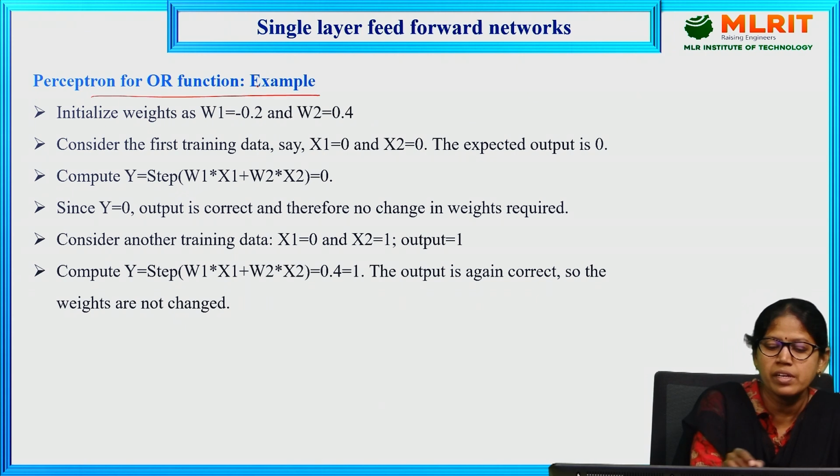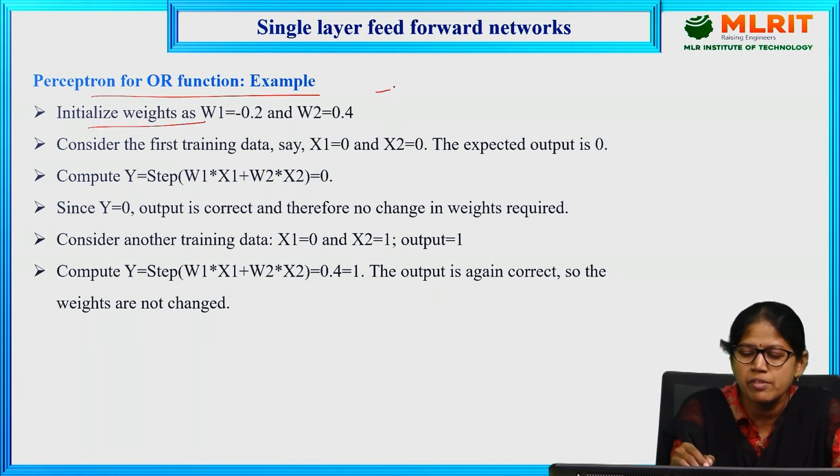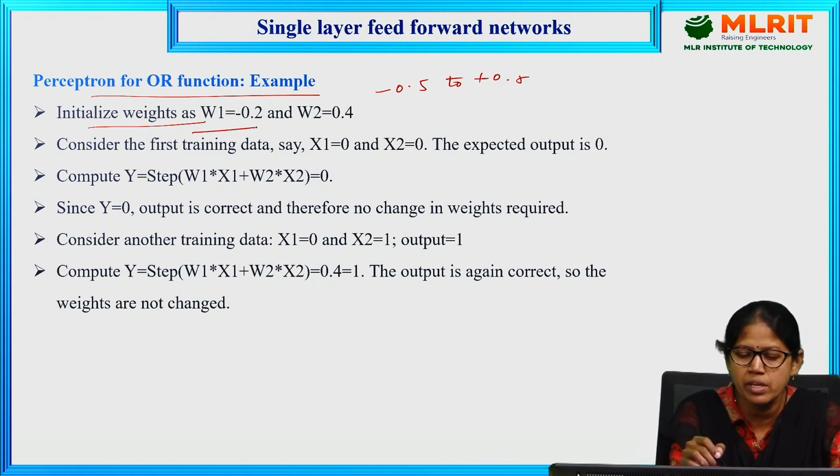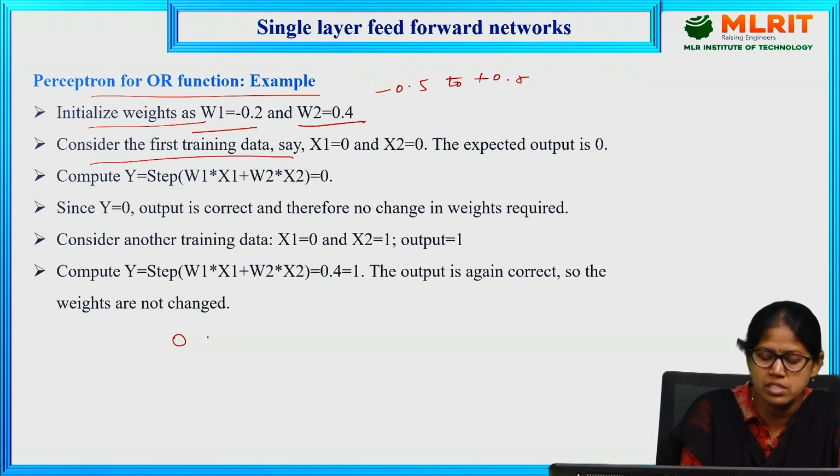Let's see the perceptron for the OR function example. Initialize the weights between -0.5 and +0.5. So here W1 equals -0.2 and W2 equals 0.4. Consider the first training example. The first training data is x1 equal to 0, x2 equal to 0.